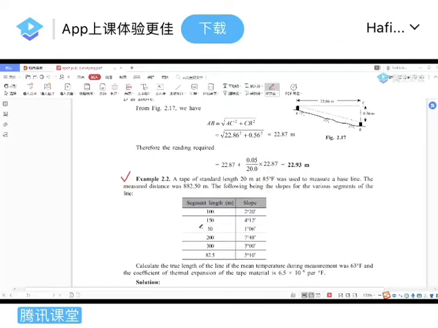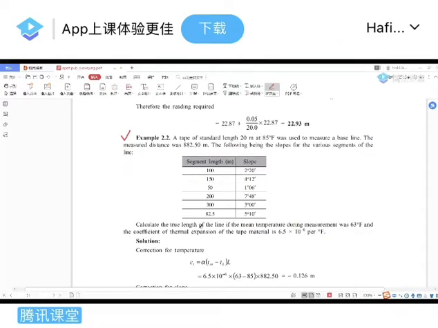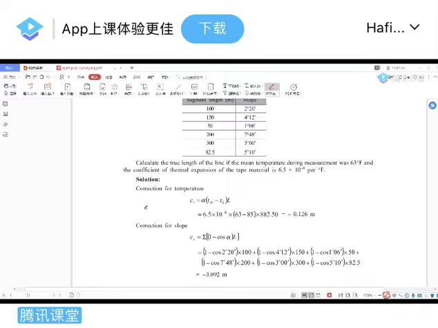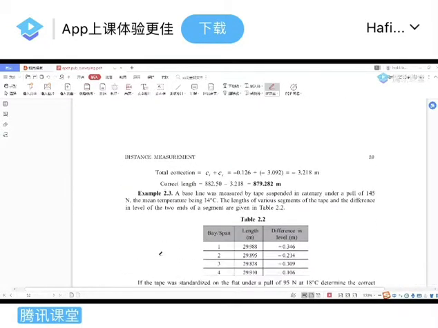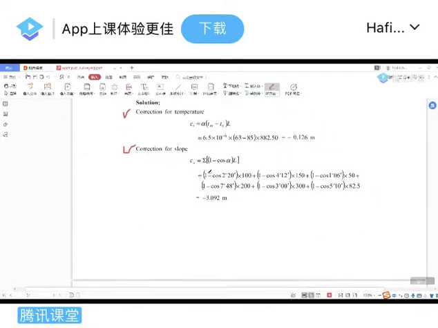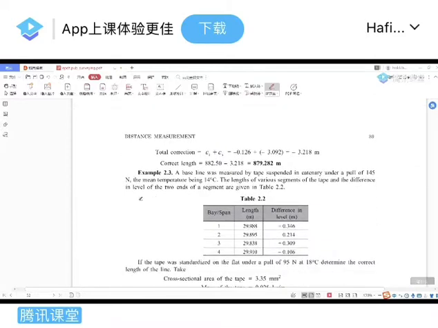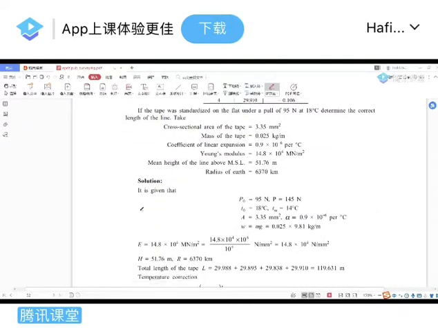Okay, now take a look at this example. This is a good example. You can see it goes through pretty much everything: the correction for the temperature, the correction for the slope. This one is not the one, but we are going to look at this example because it has everything.